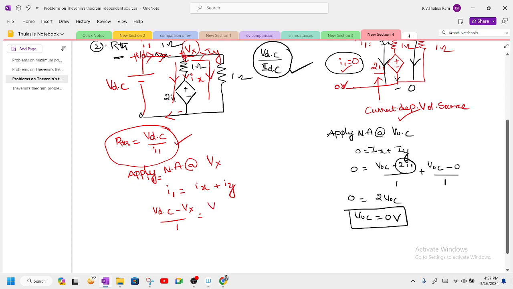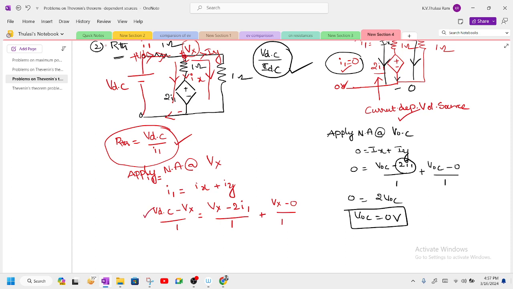Ix I can write as Vx minus 2 into I1 divided by 1, plus Iy. Iy I can write as Vx minus 0 by 1. The complete equation should have only the values of VDC.